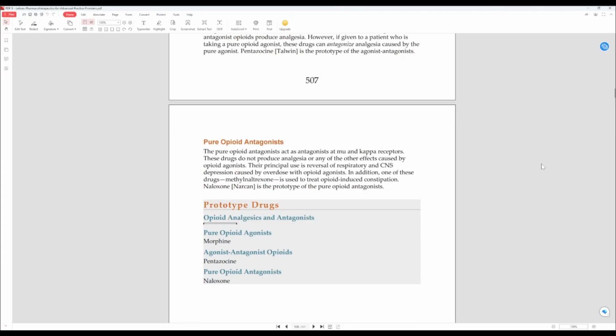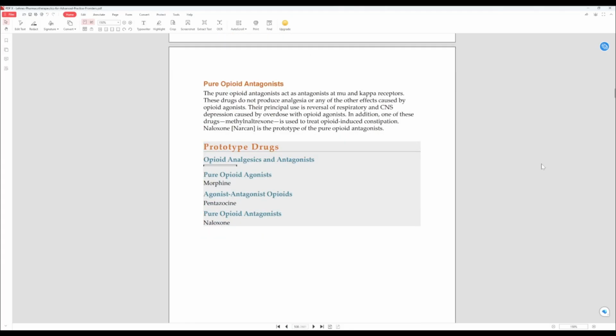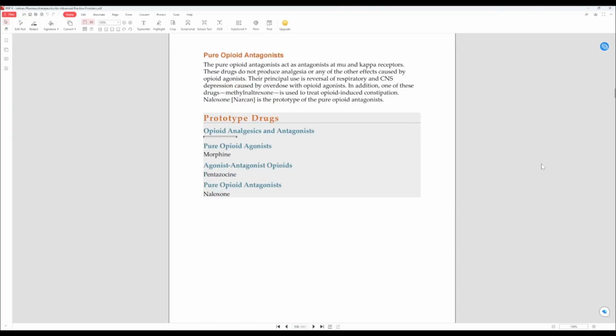Pure opioid antagonists. The pure opioid antagonists act as antagonists at mu and kappa receptors. These drugs do not produce analgesia or any of the other effects caused by opioid agonists. Their principal use is reversal of respiratory and CNS depression caused by overdose with opioid agonists.